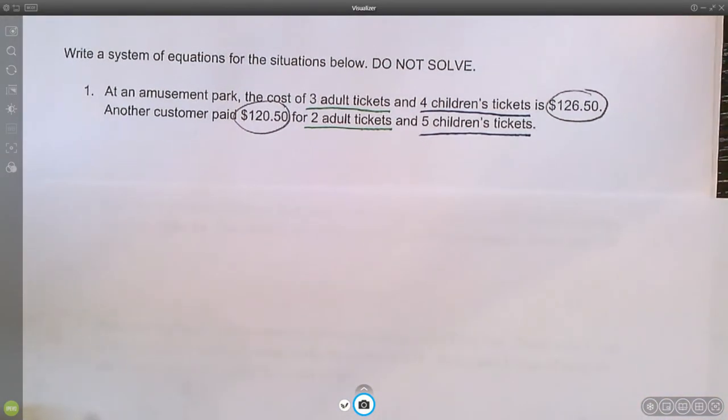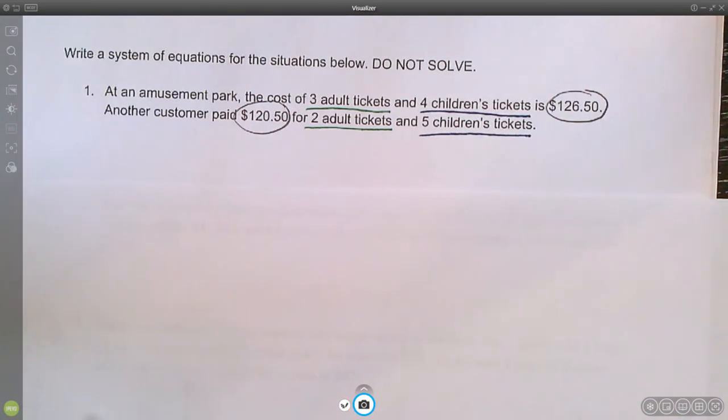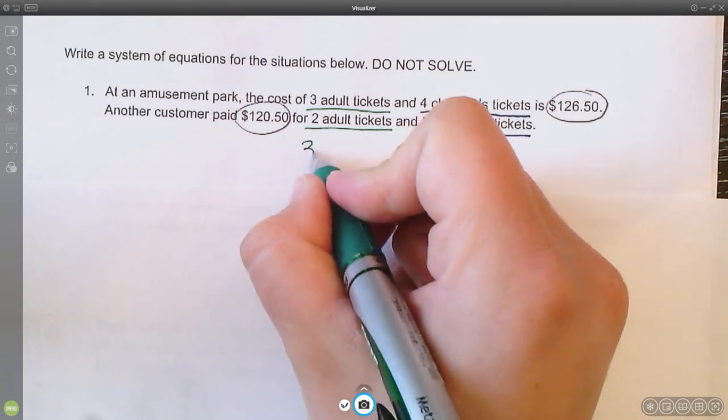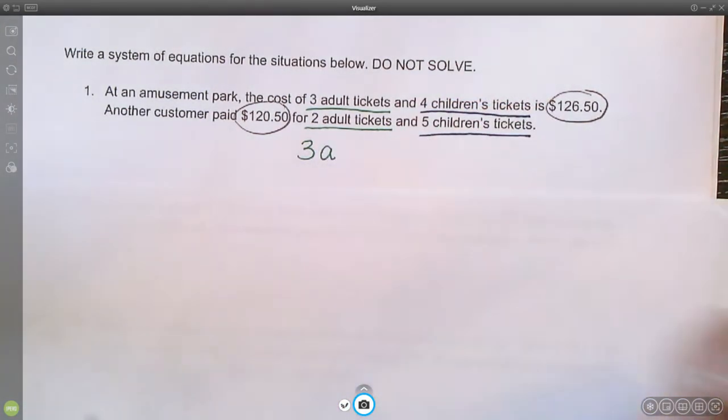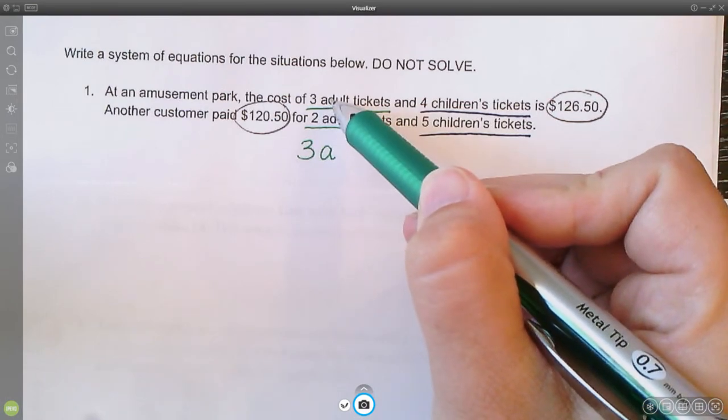So in our Bob and Pat scenario, remember pizza, we put a P. So on this one, we have 3 adult tickets, so we are going to write 3A. Technically, you can use whatever variable you would like, but I think it's easiest just to use the letter that you're talking about.